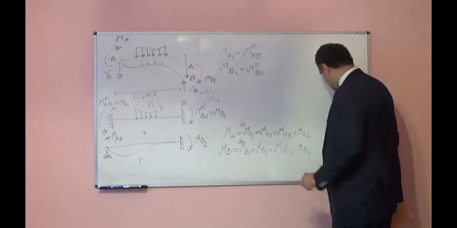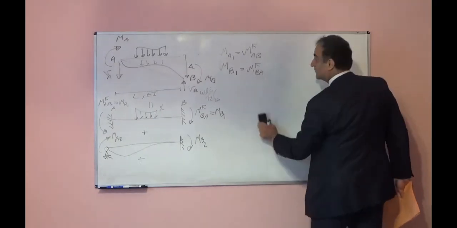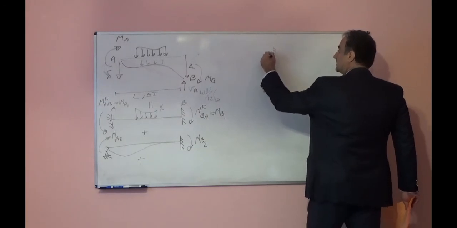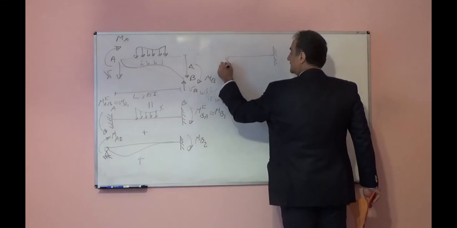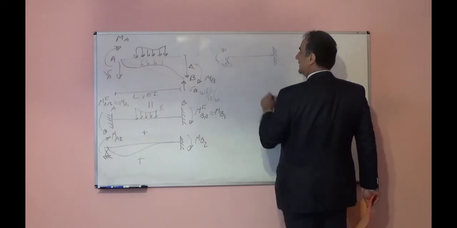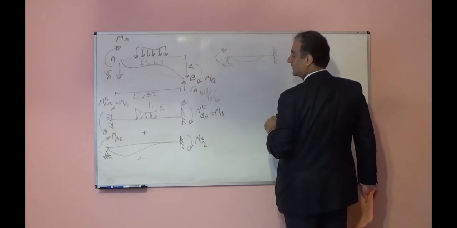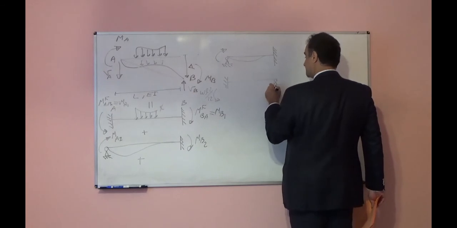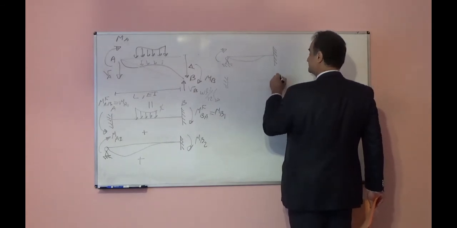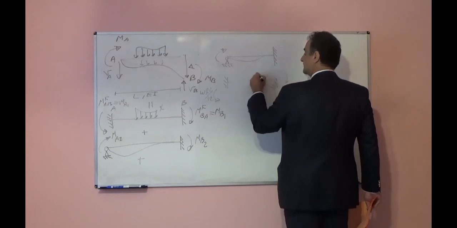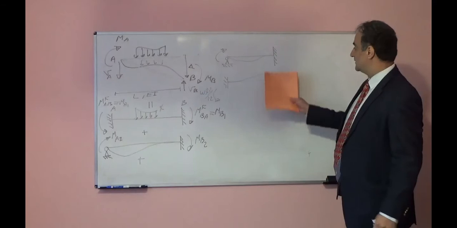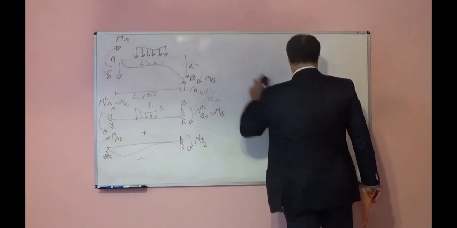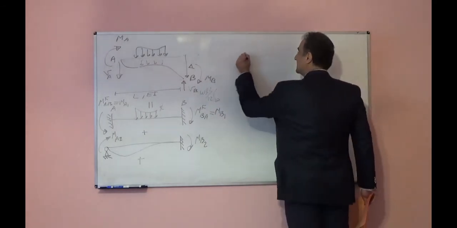MA3 and MB3 are the same thing, because if you look at here, I call this MA2 and this one MA3. If I find one of them, the other one is the same thing. Let's find that one. See what is the relationship between moment and theta over there.